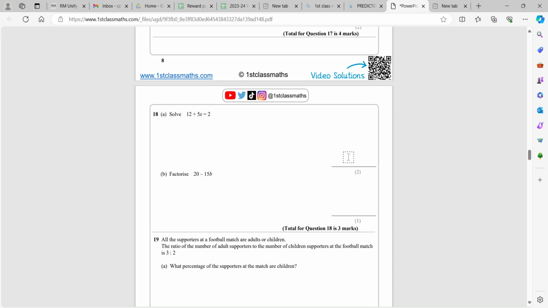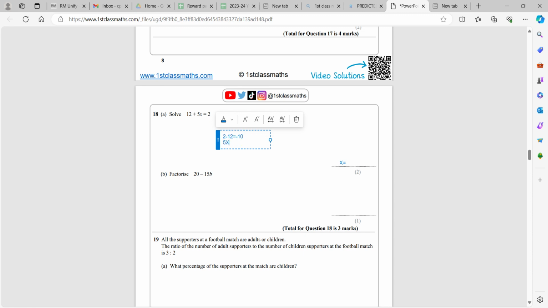Solve. So when you're solving, you need to make sure you have got x and equals because that's what it wants. It wants the value for x. Now 12 plus 5x equals 2. You can see here, all I need to do is the inverse for 2. So I've got 2 here and a positive 12. So I'm going to have to do 2 take away 12, which is going to give me minus 10.